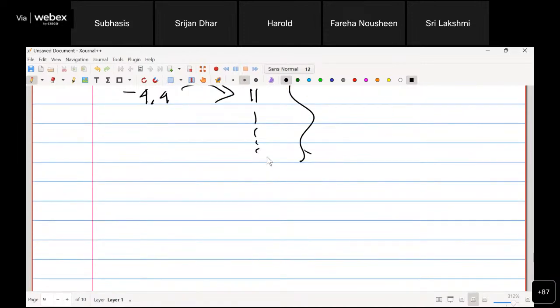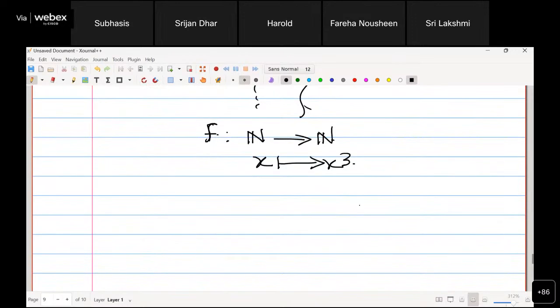Someone is asking about the cube. Let's take x goes to x cube, from N, maybe to R. What is the image of 0? 0, right?